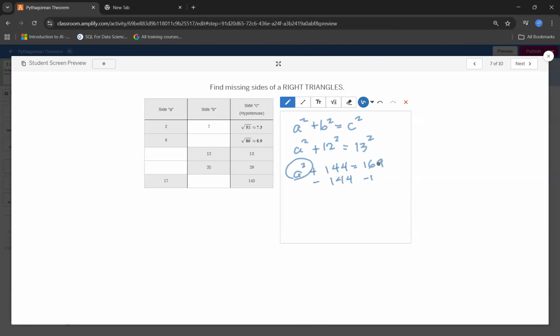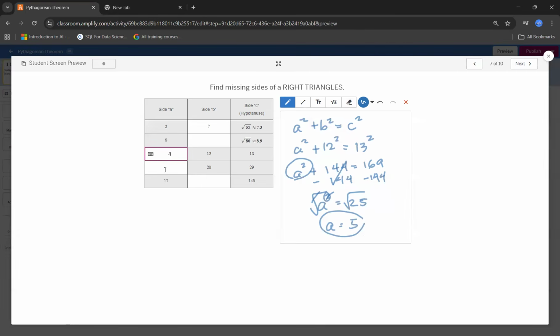So we have a squared equals 169 subtracted by 144, it will give us 25. And to get the value of it, we square both sides to remove the exponent. So a equals 5. And the answer here is 5.